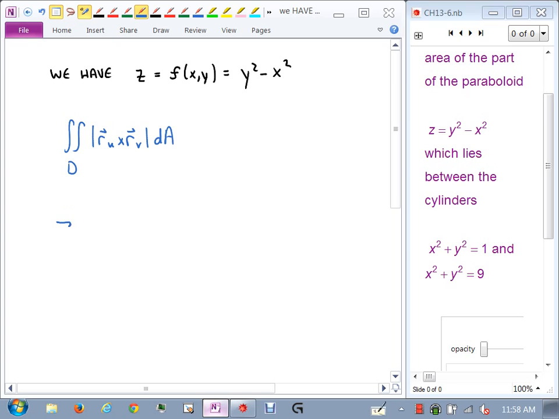That becomes the double integral over D of the square root of 1 plus the partial of f with respect to x squared plus the partial of f with respect to y squared dA.